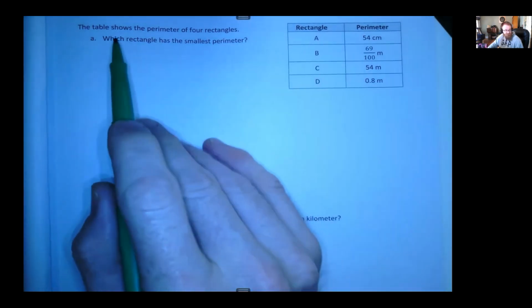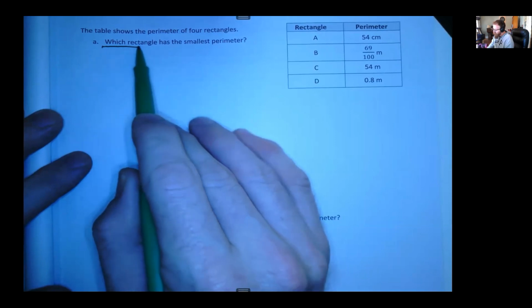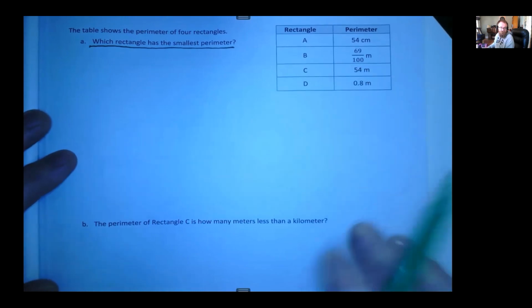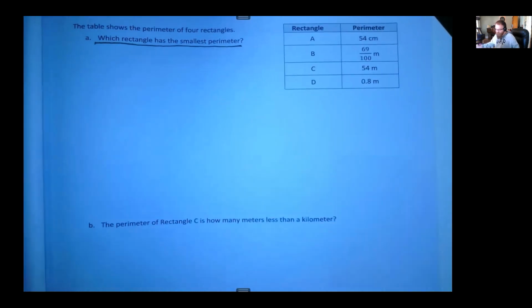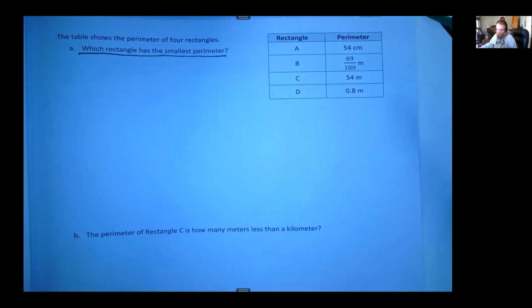The table shows the perimeter of 4 rectangles. Which rectangle has the smallest perimeter? We have rectangles A, B, C, and D. The perimeter, which is all 4 sides of the rectangle added together, is listed in this column here.